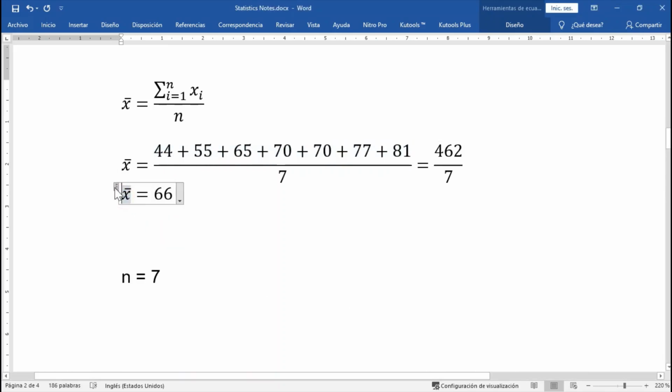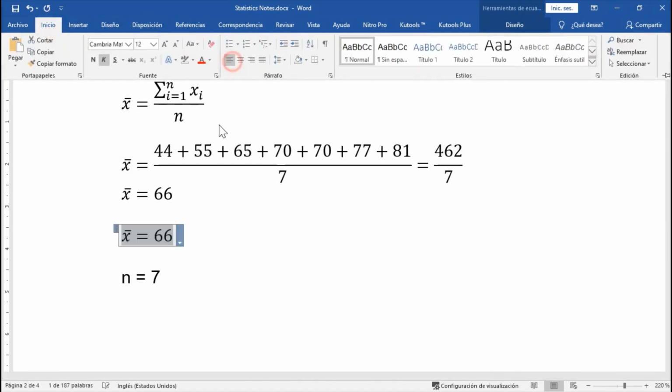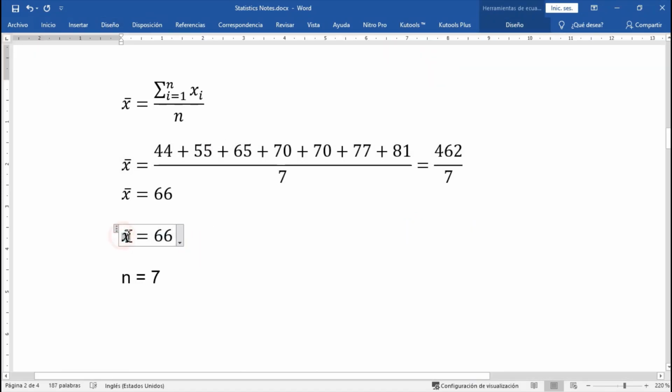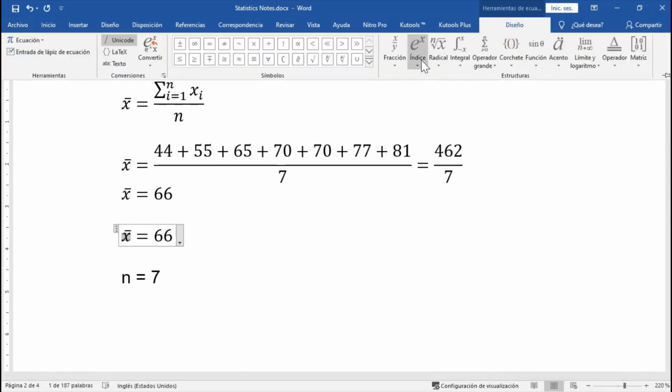I'm going to make the hypothetical second value. Look, this is a hypothetical second value.